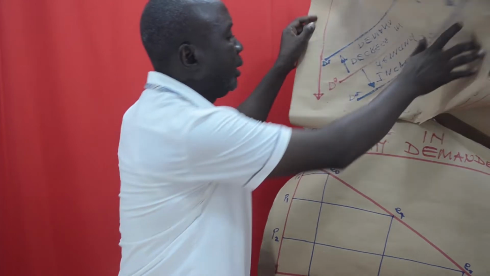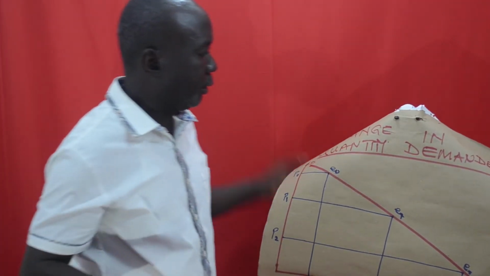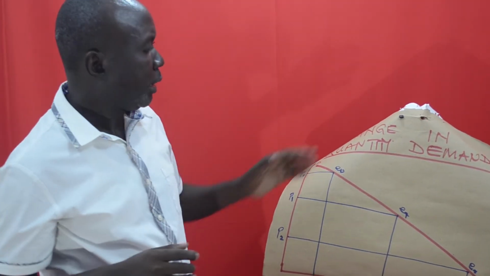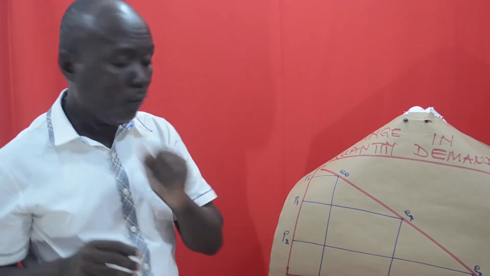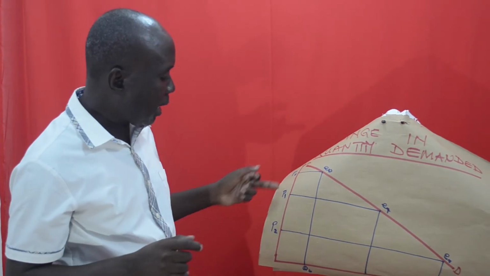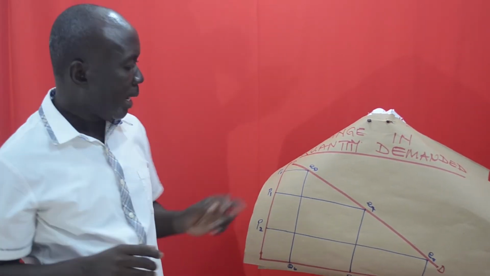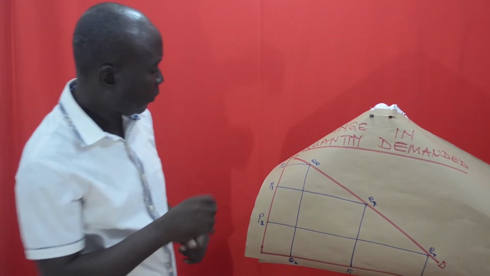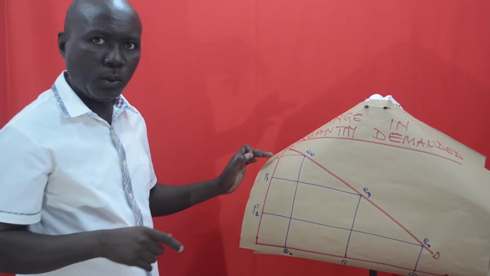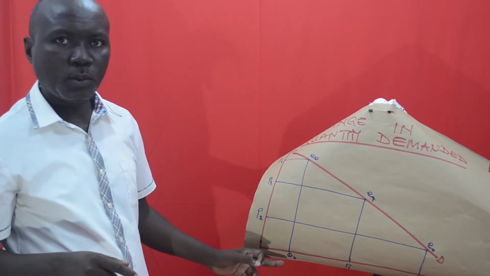Another thing to discuss is the change in quantity demanded. Change in quantity demanded is a movement of both a price and a quantity along the same demand curve. For example, when a price is P0, the quantity is Q0.